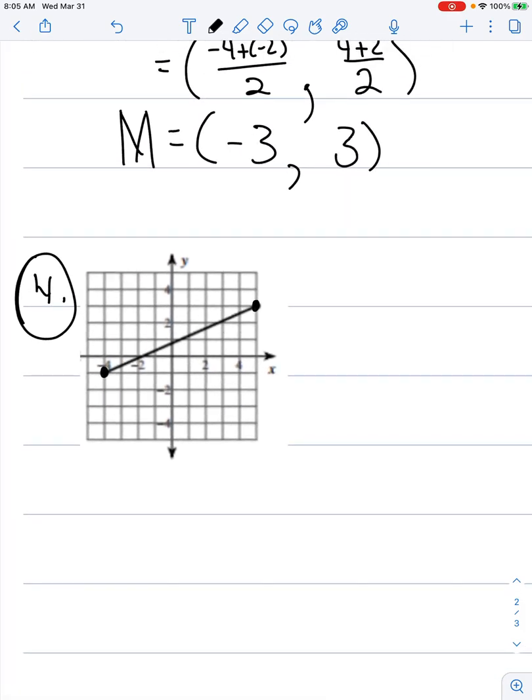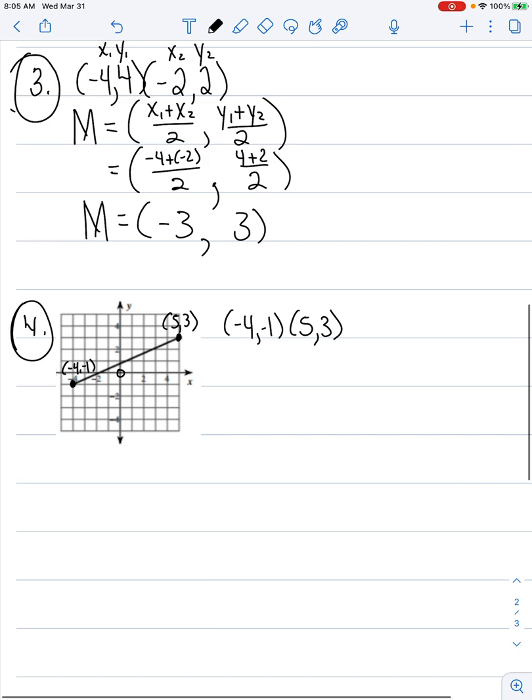So the first point is negative 4, negative 1. So that's my first point, negative 4, negative 1. And my second endpoint, by the way, those are called endpoints, that's important, is 5, 1, 2, 3. 5, 3. 5, 3. All right, so let's find the midpoint between these.